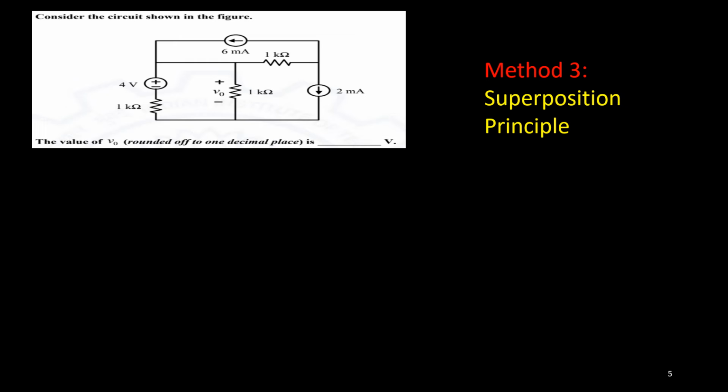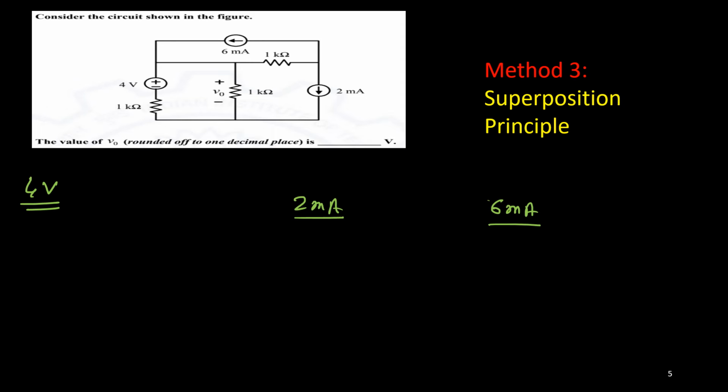So if I consider the 4-volt source right now, then I'll consider this current source 2 milliampere, then we'll consider lastly 6 milliampere. Okay. So each time we'll consider the potential across this 1 kilo ohm, right?